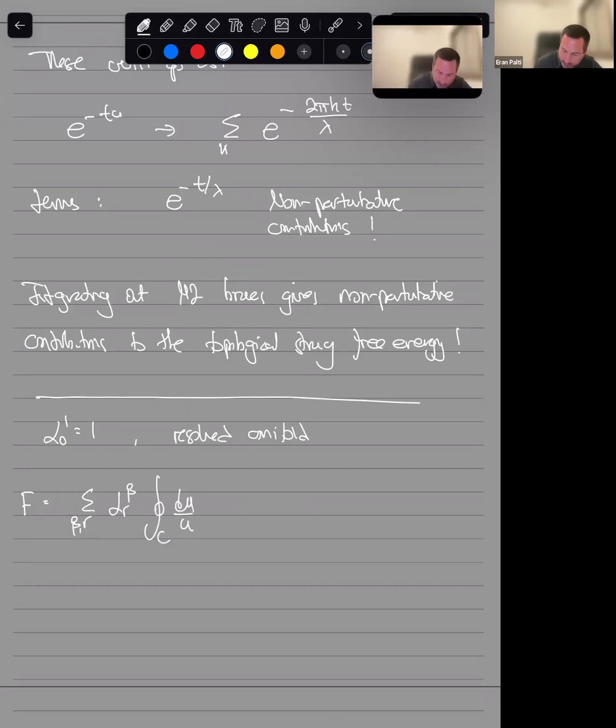d over u. And then we have this 1 over 1 minus e to the minus 2 pi i u. And then e to the minus, and now we can have this beta dot t, and what we call beta dot b. Okay, it's not so important.